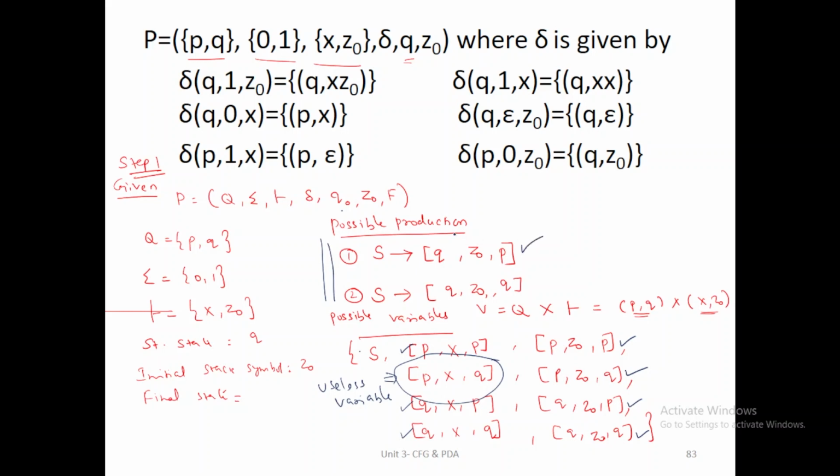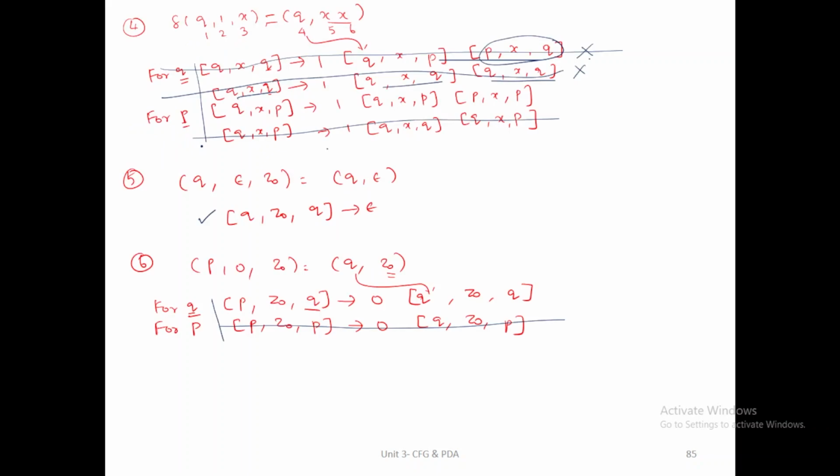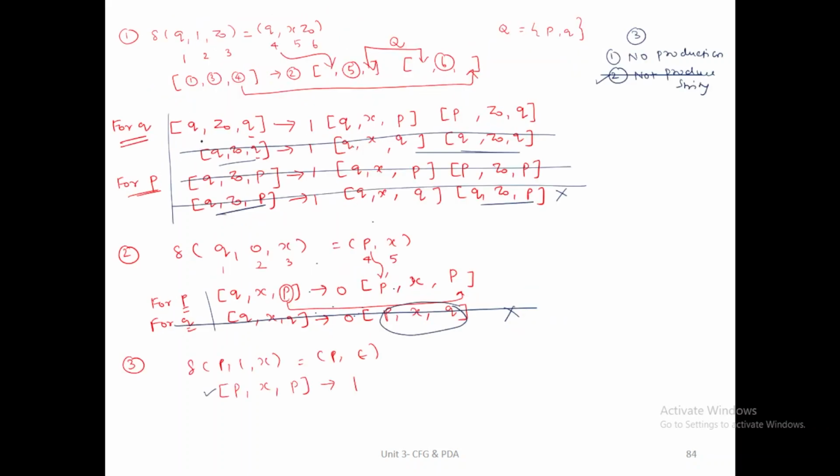So I am only taking the first type notation. So S implies QZ0P. So I am taking the first one. So S implies QZ0P. This is the variable. So this variable should contain a production in it. So I want to search from those 6 different transition functions. So QZ0P. So where is QZ0P available?